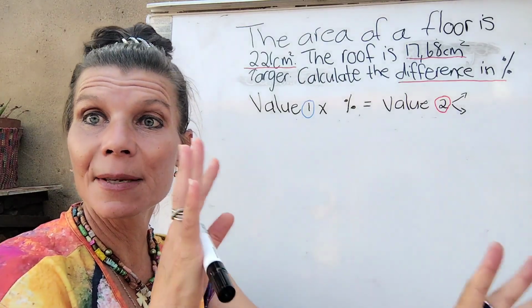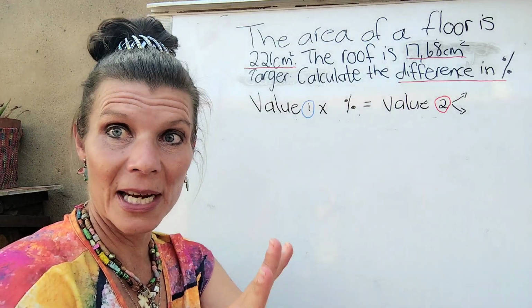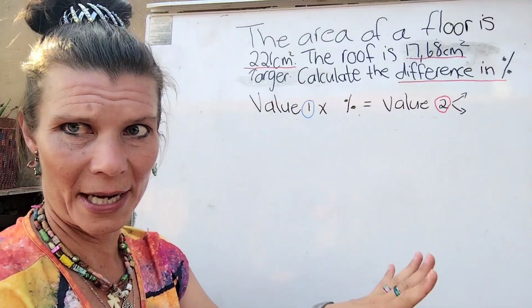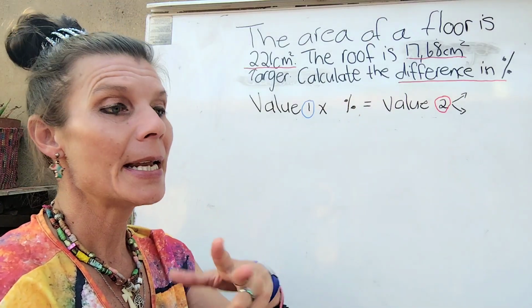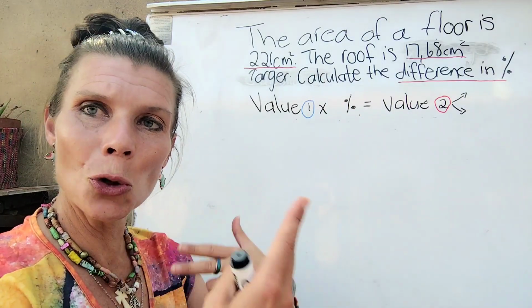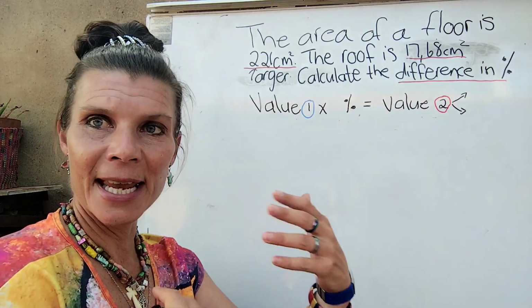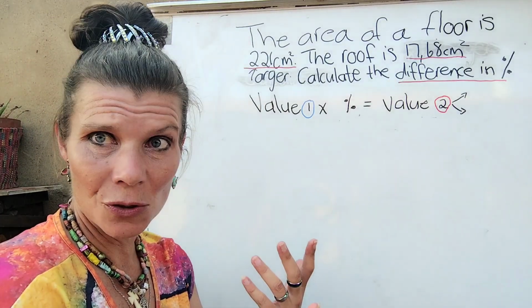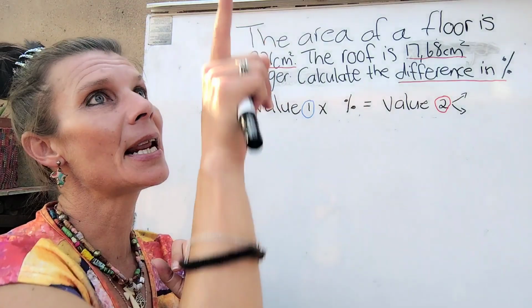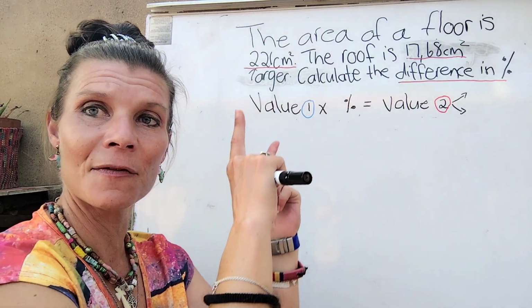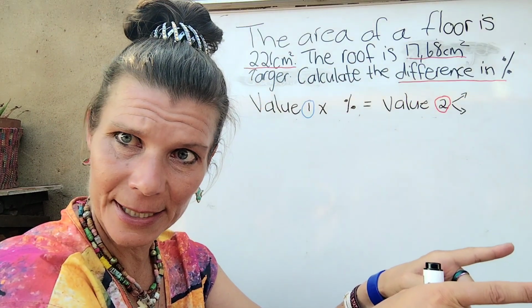Alright, now there's many ways to calculate percentages, but I particularly like this formula for two reasons. Number one, I can talk myself through it, and number two, I get to practice substitution and my rainbow rule. What I do on this side, I have to do on that side.